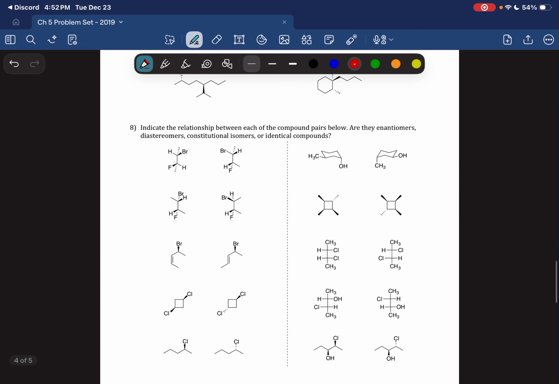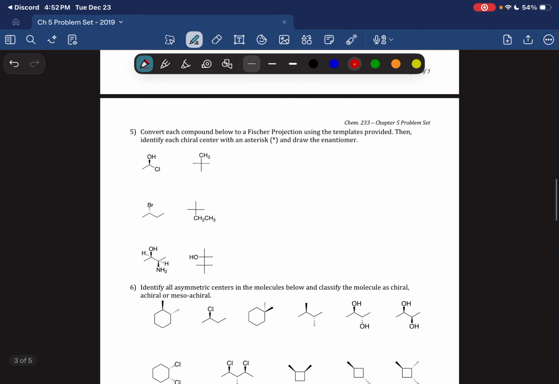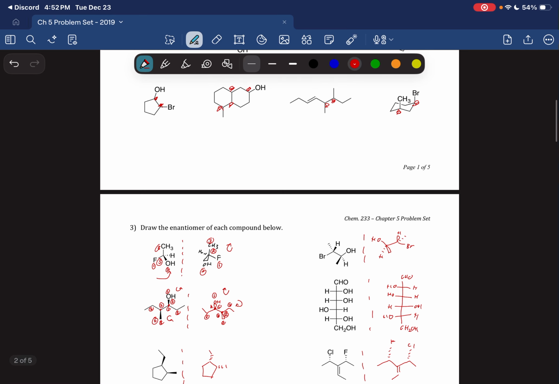Okay. And I will be stopping here. I think this is enough of the worksheet to get an idea of what we're doing.